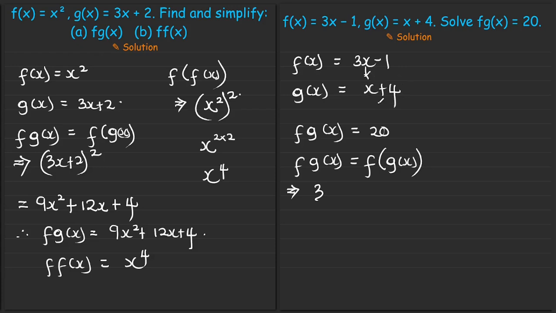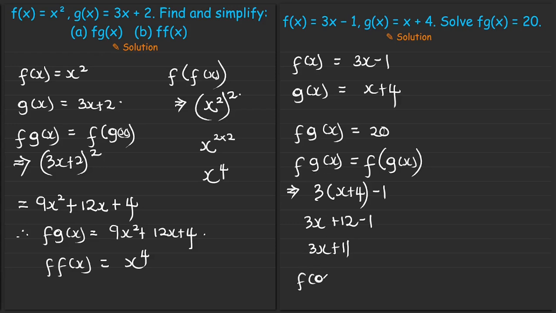That is x plus 4. We have 3 into bracket x plus what? 4. So we are done with 3 times x, then minus 1. So minus 1. Simplifying this, we have our 3x plus 12 minus 1, which gives us a 3x plus 11. But we know that what?